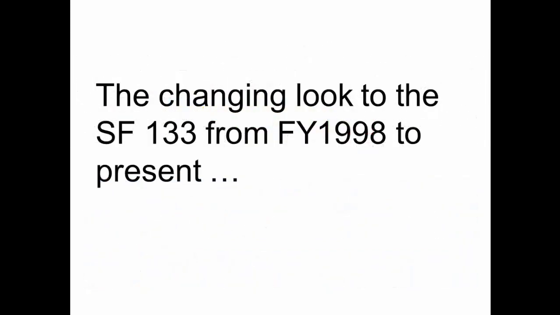Before we leave this topic, let's review the different formats of the SF133. If you want to go back and look at old copies of the SF133, which are available all the way back to FY 1998, you need to be aware of the differences you might encounter. Feel free to pause the video at any time in order to take a closer look.